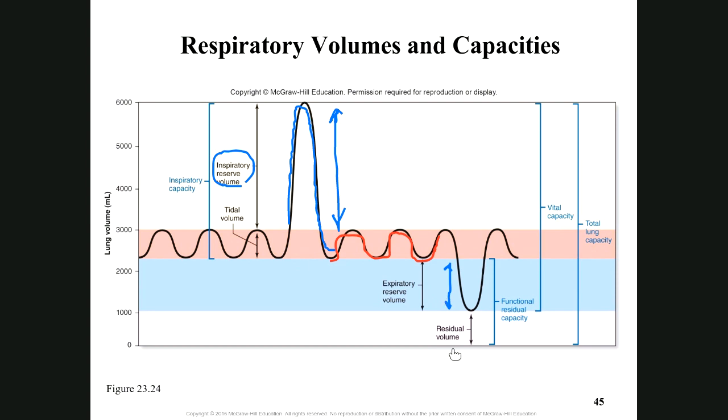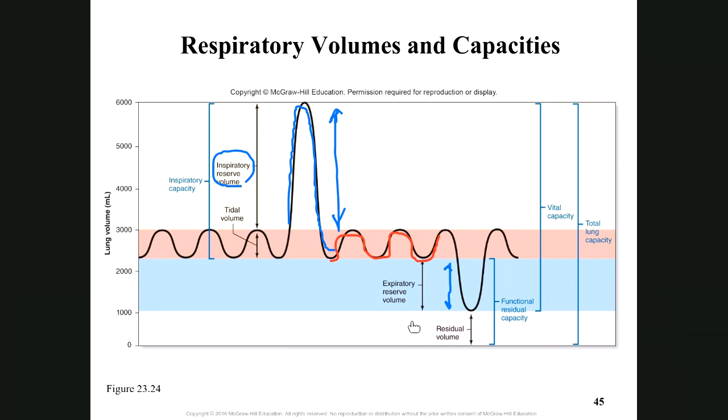And finally, here you can see residual volume. Look at here from 1 to 1000. The residual volume is the amount of air left in your lung after the most forceful exhalation. I told you that due to the higher intrapulmonary pressure than the intrapleural pressure, all the time our lungs are inflated.